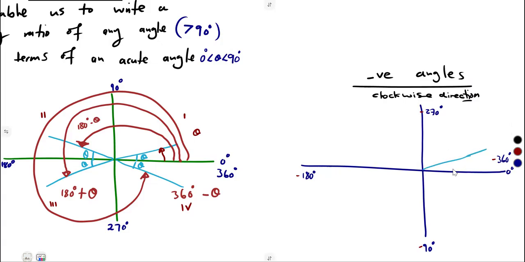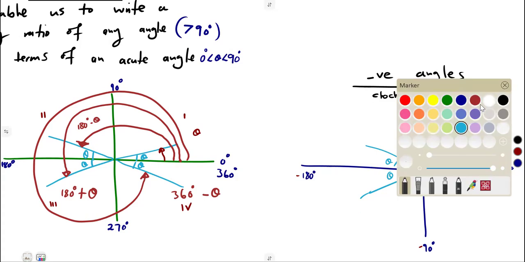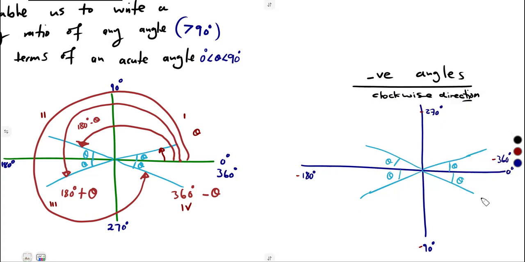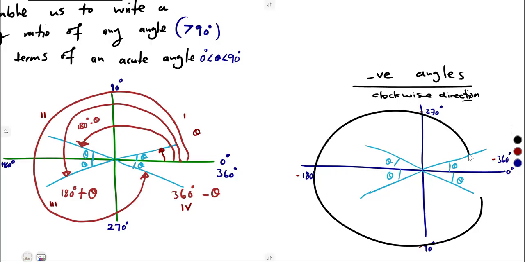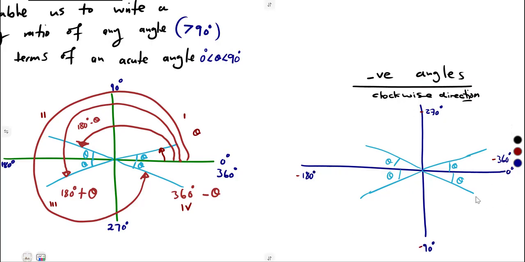Theta being our acute angle, it is going to be in each and every quadrant. The concept is not going to change. The concept is still the same. Only that we are reversing the process now, starting from the fourth quadrant in this direction. Remember, clockwise.